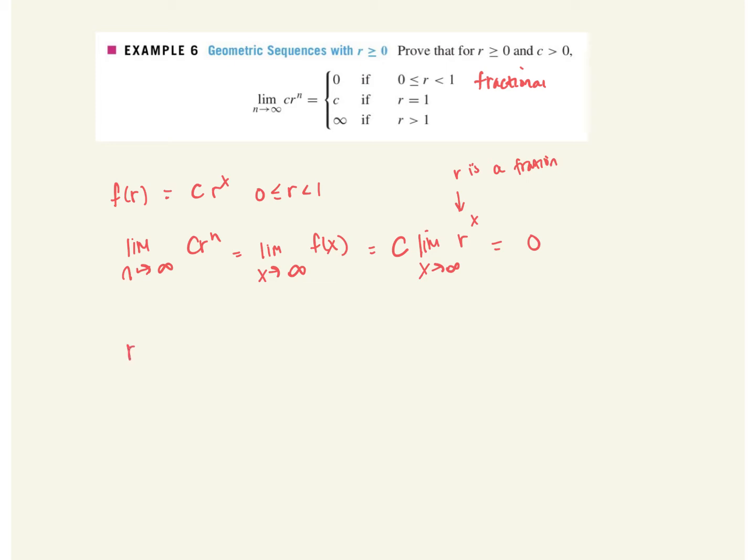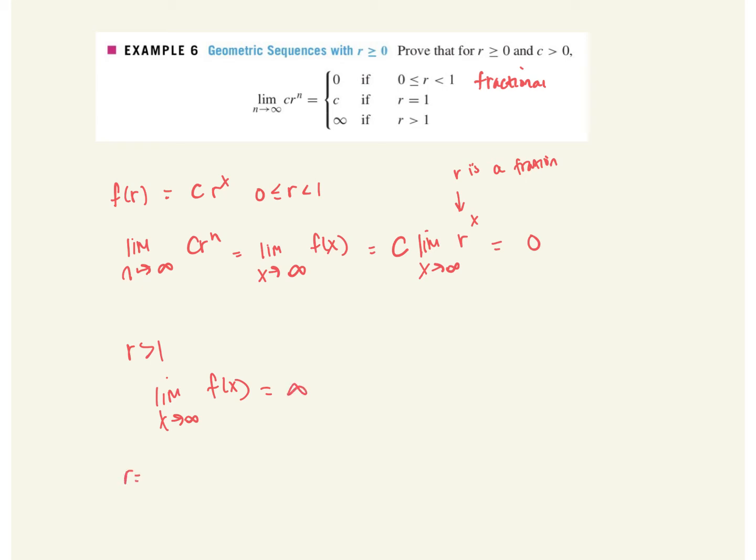Okay, similar argument, if r is now positive, greater than 1, not equal to, just greater than 1, then this exponential or geometric sequence would grow without bound.